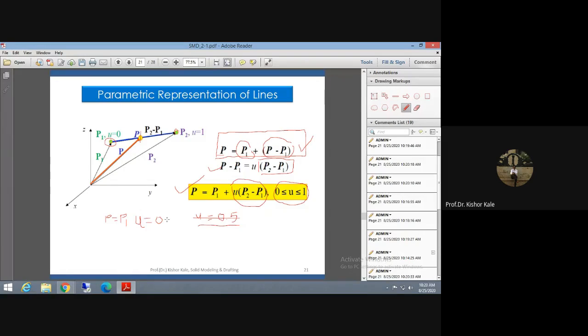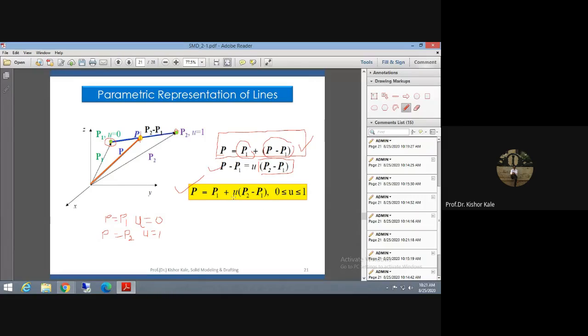Now assume that point P is at P2. If you put point P at P2, the value of U would be 1. Now if you put U equals 1, what will happen?